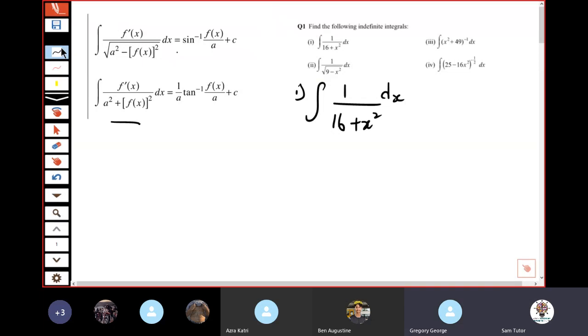Okay. This is inverse sine. Do you know it? Inverse sine, so that's just x on a, so that would be x minus 2 over 3. Good job.